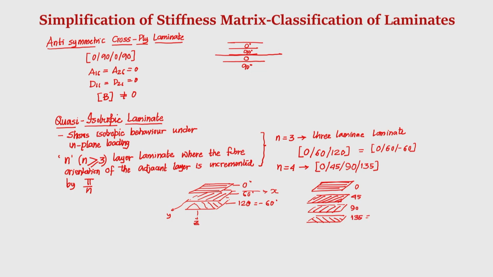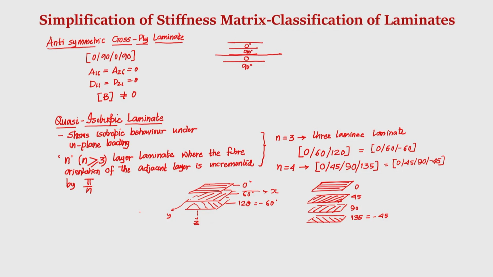You can clearly see this 135 is nothing but minus 45. So this could be written as 0, 45, 90, minus 45. These are quasi-isotropic laminates.